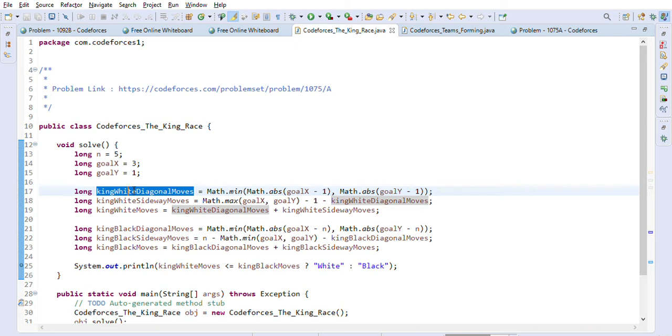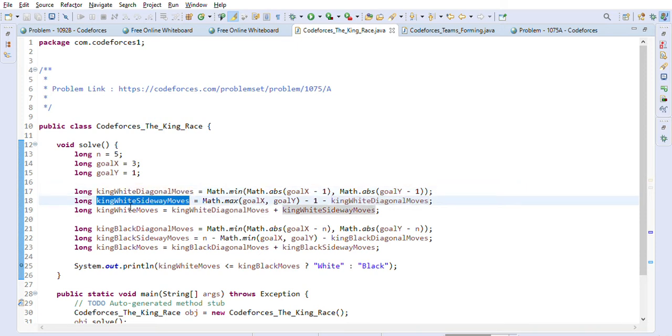So we are finding diagonal moves of white king, then sideway moves of white king, and then we are adding these two to calculate the total moves of the white king. Similarly we will find the diagonal moves of black king, then sideway moves of black king, and add them to get the total number of black king moves.